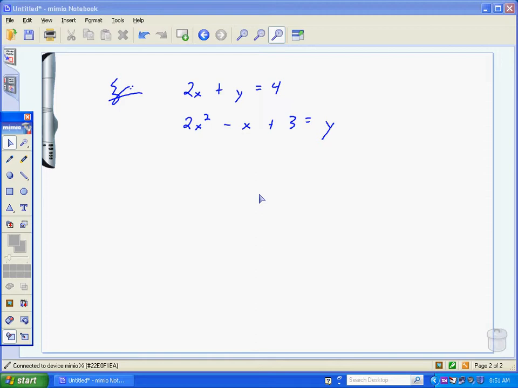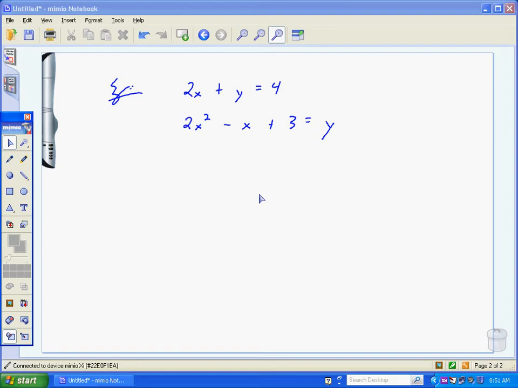So how do I know which one's linear and which one's non-linear? Yeah, the linear one doesn't have any exponents. That's how we know. As long as we have an exponent, it's not a linear equation at all. When we do linear versus non-linear, what method do we like to use? Does anybody remember? Yeah, substitution.